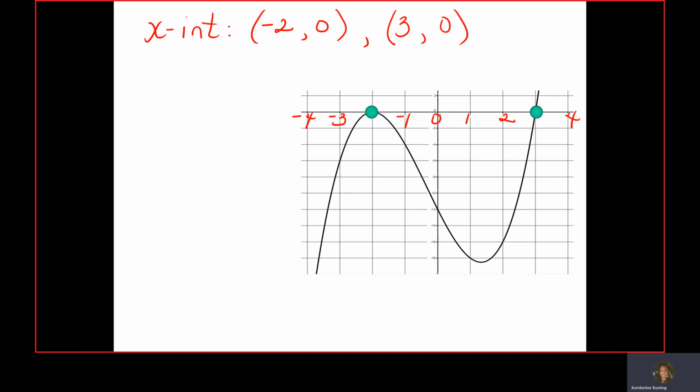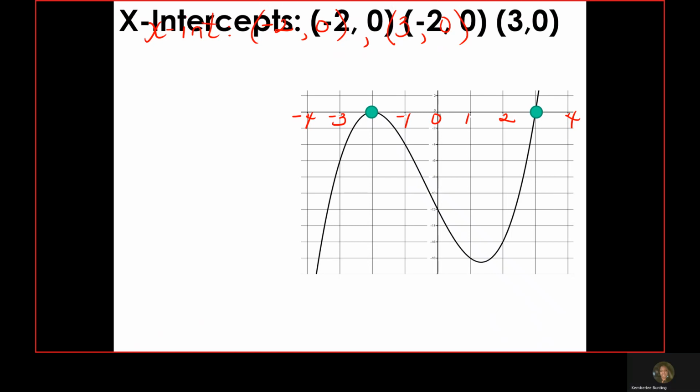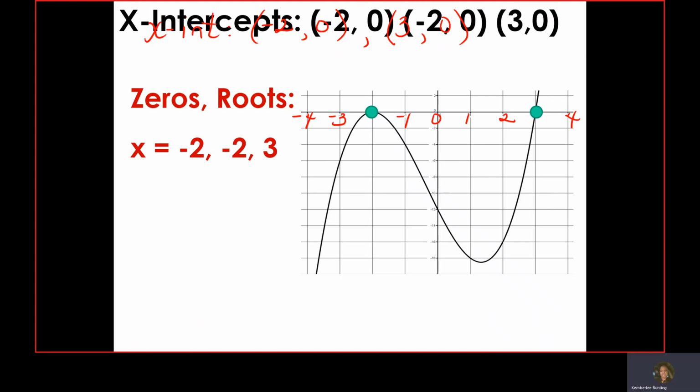You close the door, please. -2 and who? 3, that's it. Okay, -2 and 3. They listed it twice here because this is a situation called multiplicity. I will speak about multiplicity in detail later in the week. All right. Moving on.